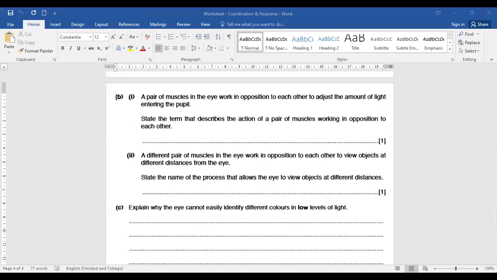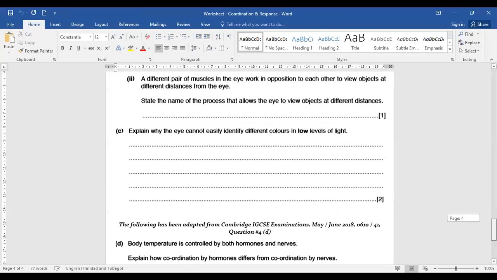All right, so coming back to our question here. A pair of muscles in the eye that work in opposition to each other to view objects at different distances from the eye. They want to know what is the name of that process. What is the name of the process that allows the eye to view objects at different distances? Anybody remember? It's a name.